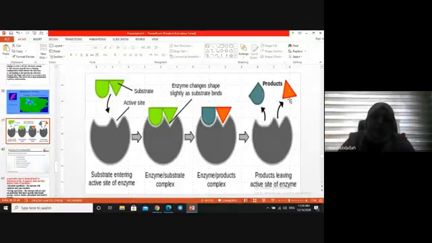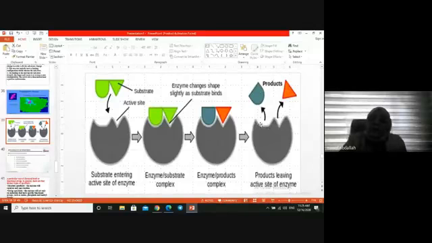These are the products leaving the active site of the enzyme.